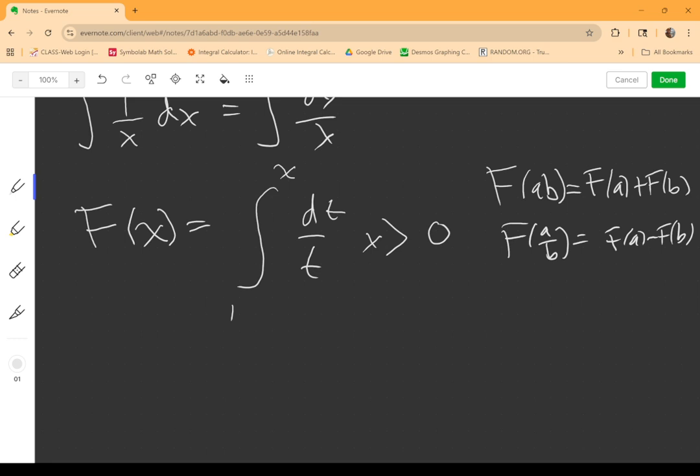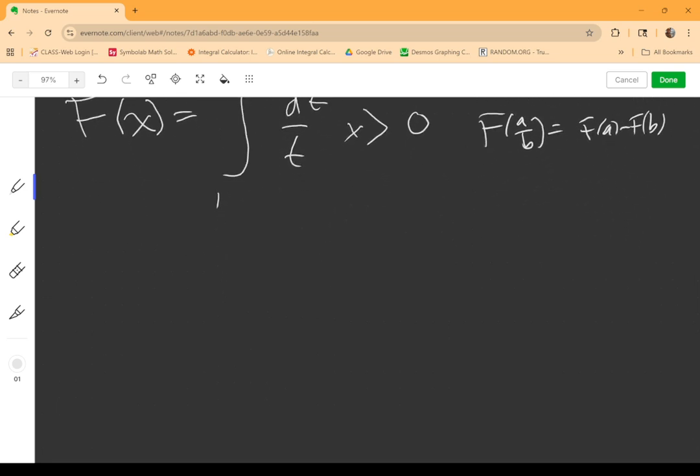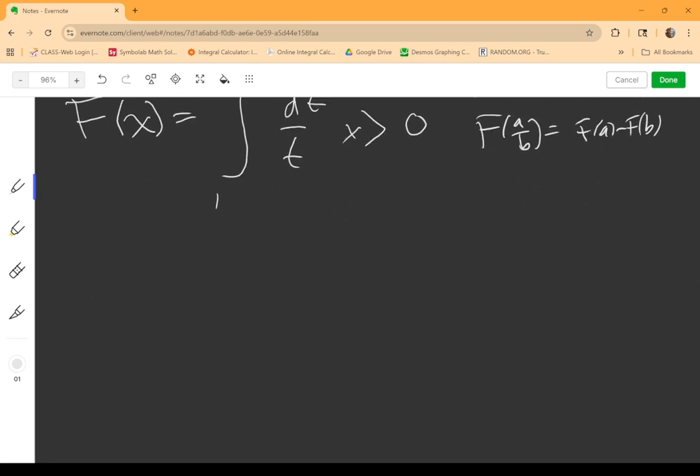Now you can maybe start thinking, well, that looks like logarithm type properties, and that is correct. In fact, with the definition here, we want to define what the natural logarithm is.